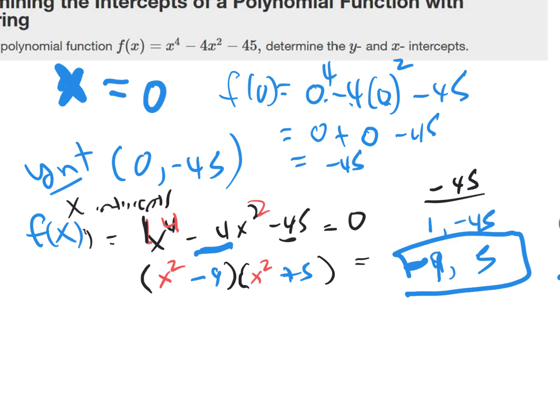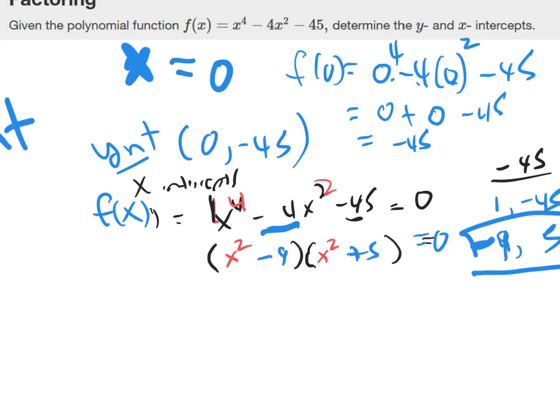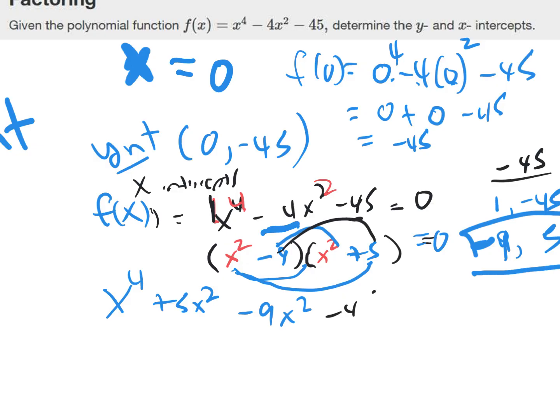This is perfectly factored. You can take my word for it, but if you did FOIL, I guess I'll just have to show you, and then I'm going to erase it. X squared times x squared is x to the 4th. X squared times 5 is plus 5x squared. Negative 9 times x squared is negative 9x squared. Then negative 9 times 5 is negative 45.